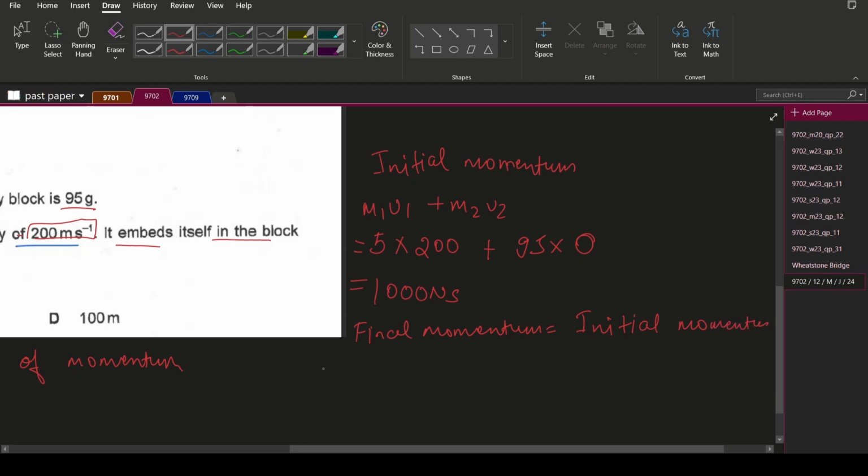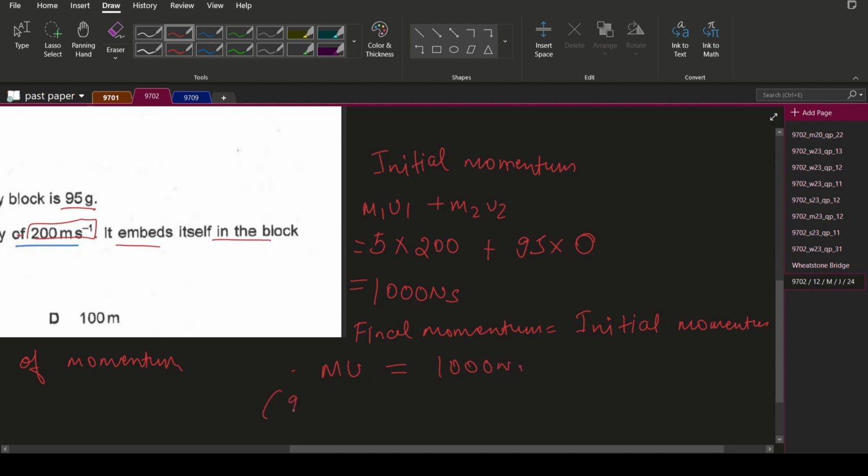The formula for final momentum, as both the pellet and block are combined, is m into v. Let's call this m into u, because this is the initial velocity, is equal to 1000 Newton seconds.